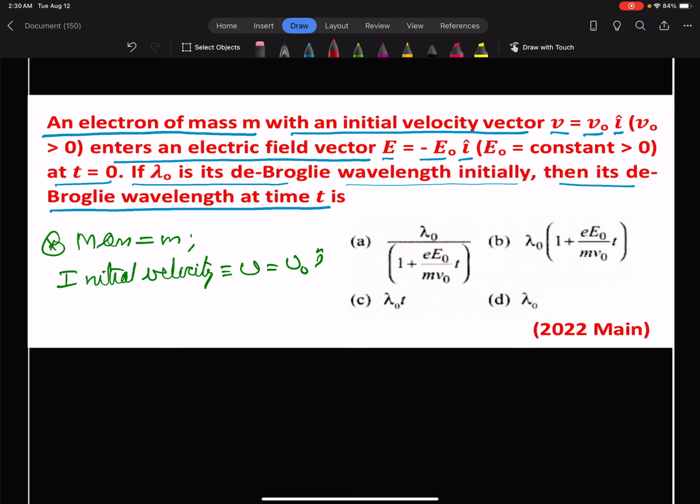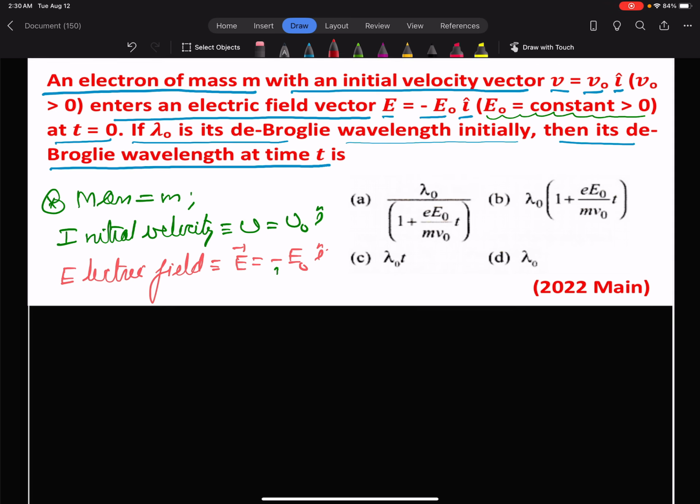And we have the electric field, given as E equal to minus E naught i unit vector. But in the question it is mentioned that E naught is a positive value. So this negative sign indicates that the electric field is opposite to the velocity.